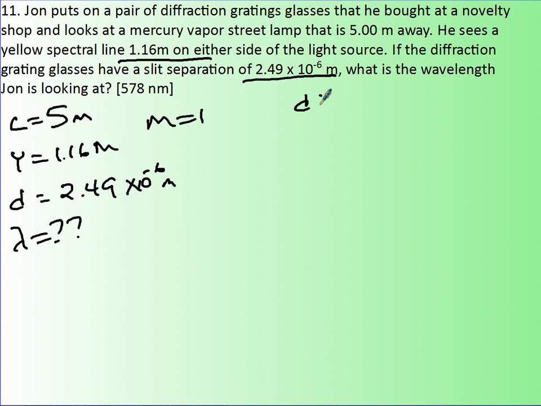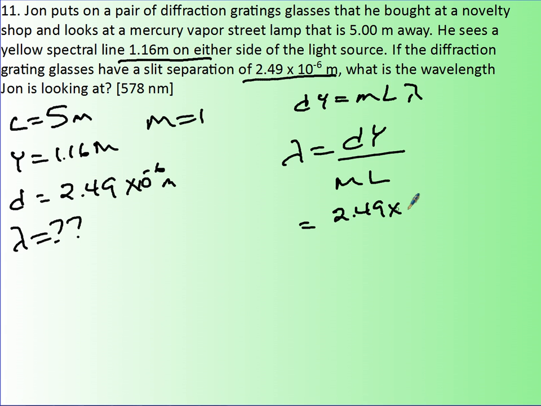So dy is m lambda L. So lambda is dy divided by mL. So d is 2.49 times 10 to the negative 6. y is 1.16 divided by 1, and L is 5.